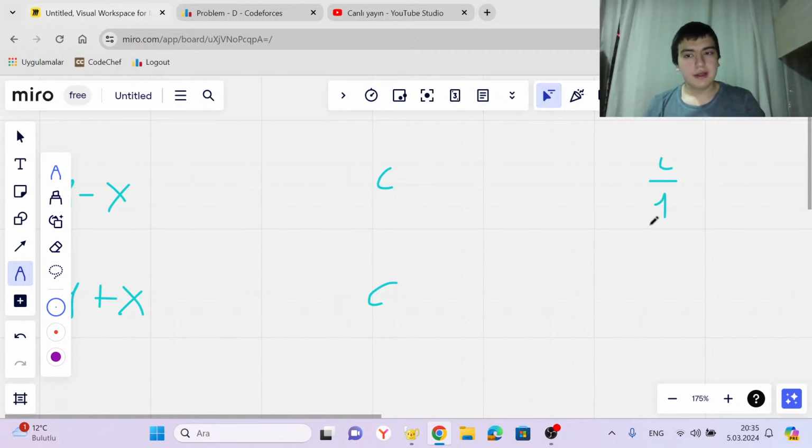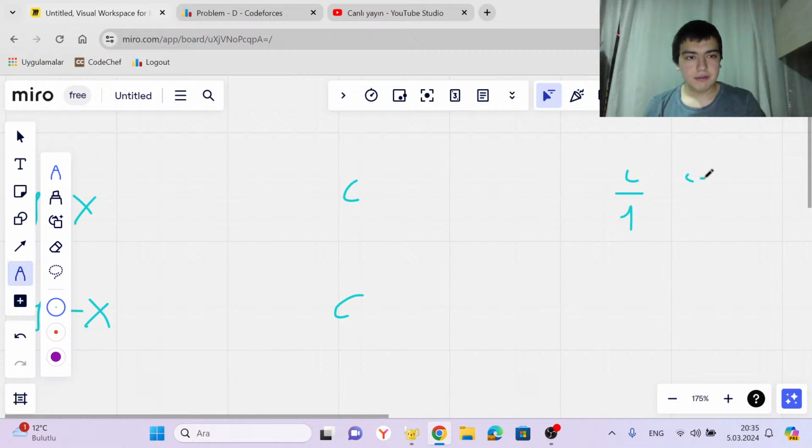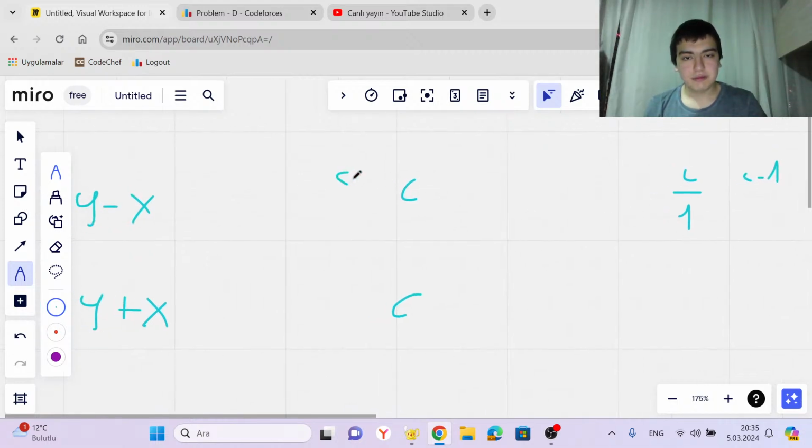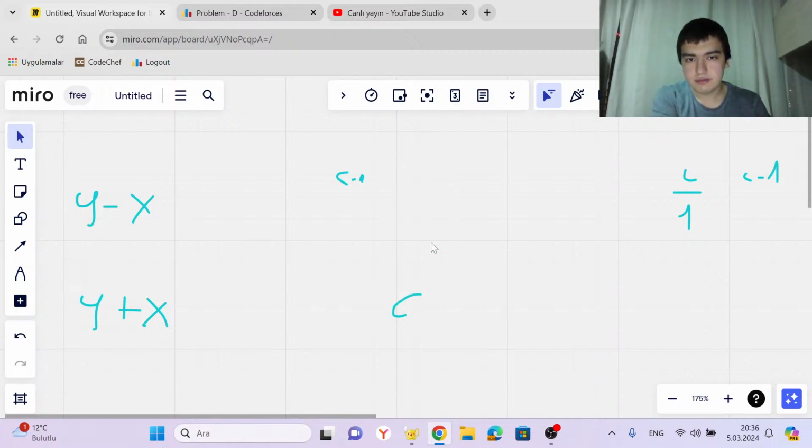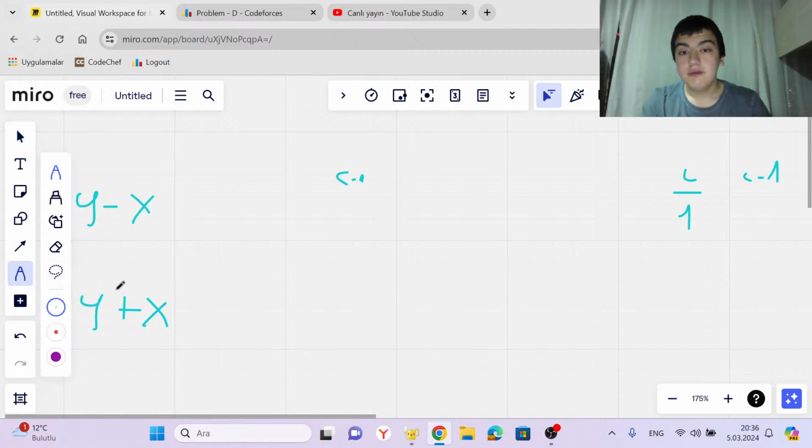Let's look at c minus 1. If we choose c minus 1 for y minus x, we can select c minus 1 for y plus x. We cannot select c, because then their sum will be odd, and 2y would be equal to an odd number.